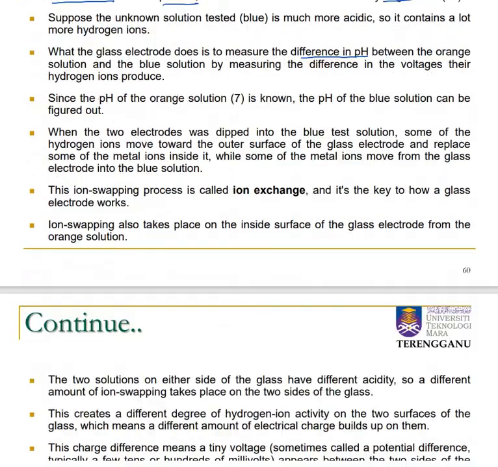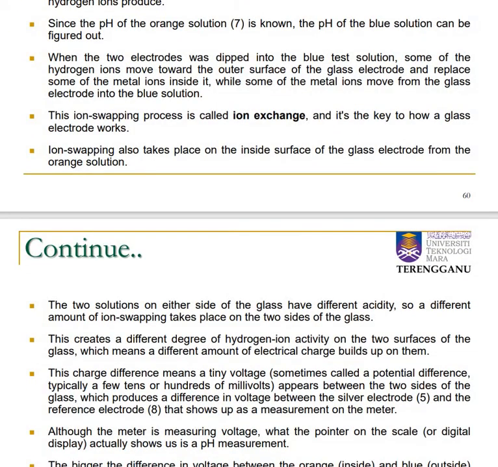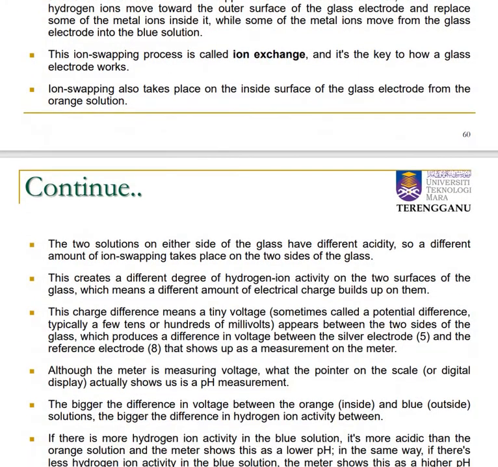This ion exchange will create a different degree of hydrogen ion activity on the two surfaces of the glass, which means a different amount of electrical charge will build up on them.